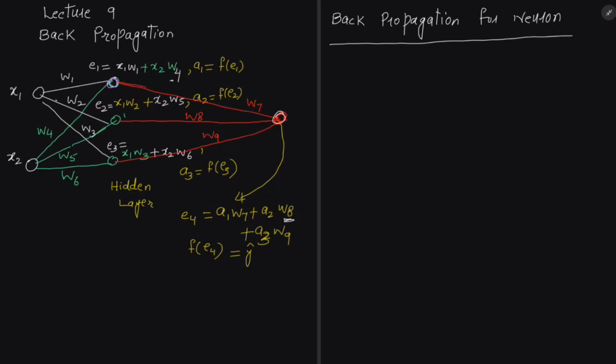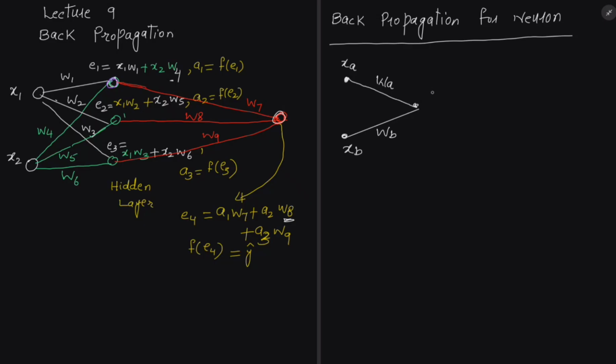So let me draw an image for you. Suppose we have input data XA and input data XB. Then we have some weights, suppose weights WA and WB.